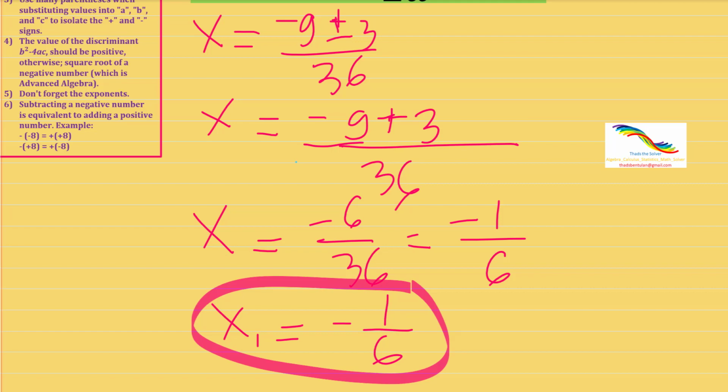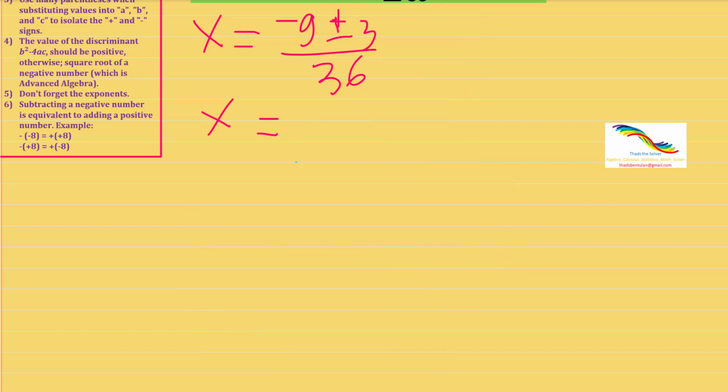Okay, now remember we have executed the minus 9 plus 3. This is the first root, right? So that's x1. Next we will solve for x2, the subtraction portion. In this case, x2 is minus 9 minus 3 over 36.